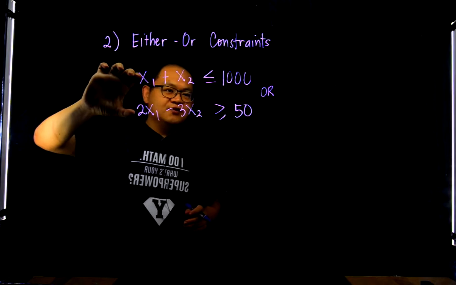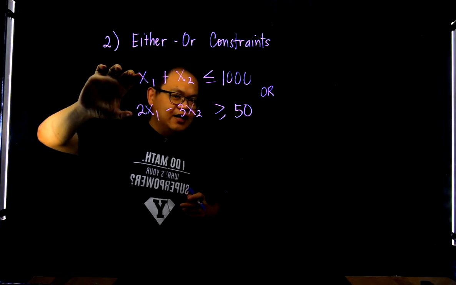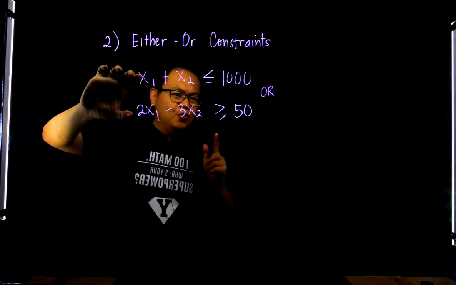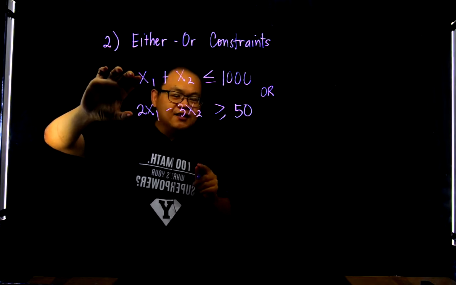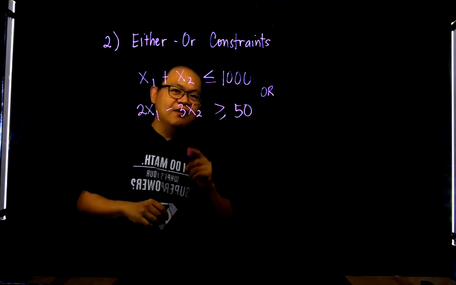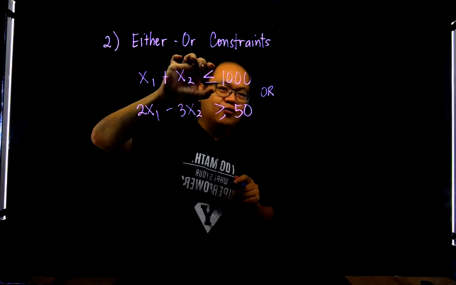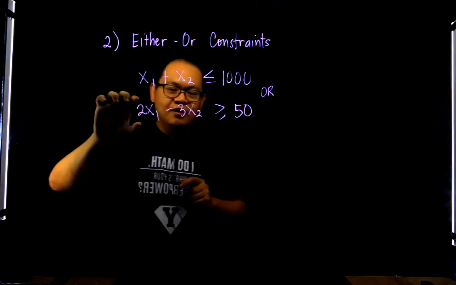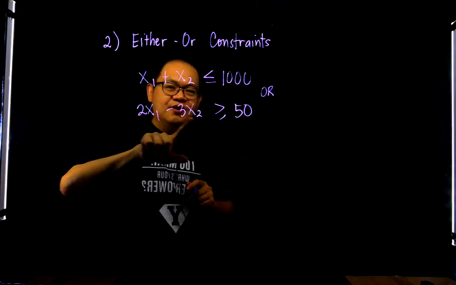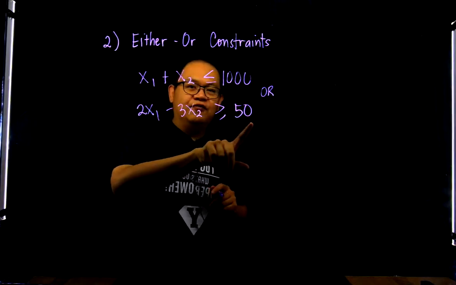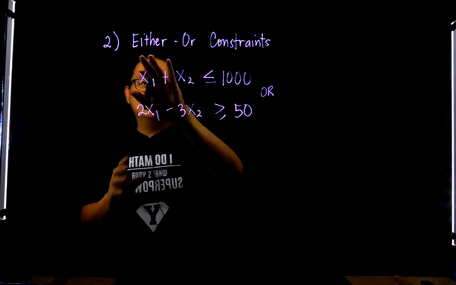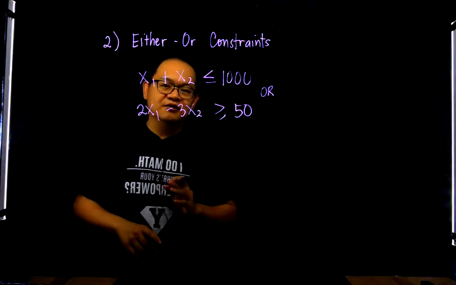What if you have these two constraints, however, in your linear programming model, only one of them should be active at any point in time? It's either x1 plus x2 should be less than or equal to 1000, or 2x1 minus 3x2 is greater than or equal to 50. And that is the premise of an either-or constraint.